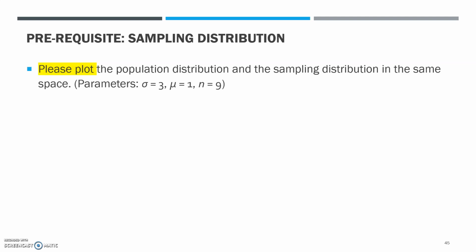So here is a prerequisite, and I hope you can solve this by yourself at this time. Please plot the population distribution and the sampling distribution in the same space. I gave you 3 parameters. Here the average, mu, is equal to 1.